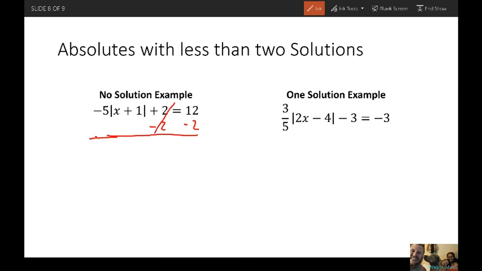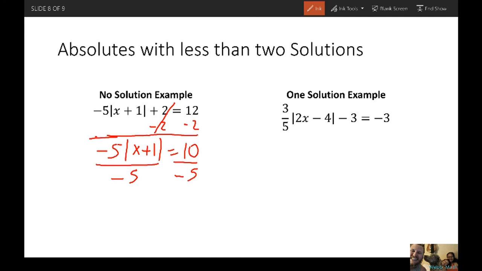I'll use the subtraction property. And notice how I'm basically just solving like my previous examples. 12 minus 2 is just 10. I have a multiplying negative 5 coefficient, so the inverse of multiplying will be division. So I will use the division property.